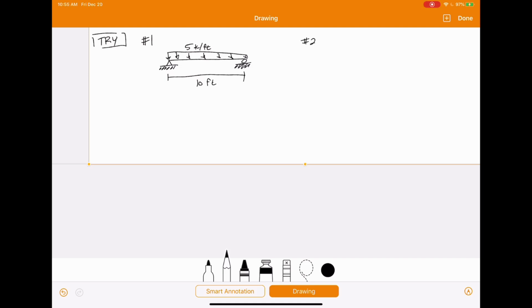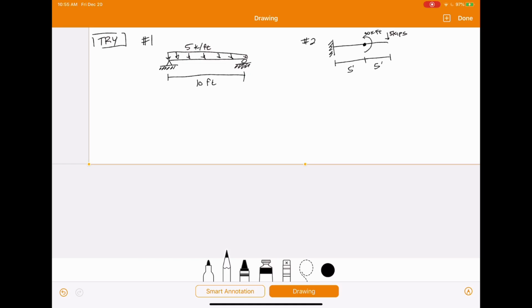And for number 2, you'll have a fixed beam with a point load of 5 kips on the end and a concentrated moment of 30 kip feet acting at the center, where this beam is 5 feet to the center and 5 feet on the other side, so 10 feet total.